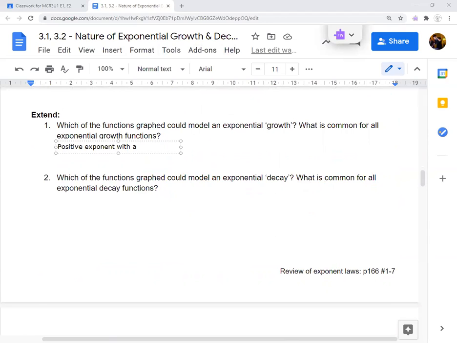A base value larger than 1, right? Because we need to keep multiplying the base value. If the exponent is 1, 2, 3, you have to keep multiplying that number. If you keep multiplying by 0.5, the number gets smaller and smaller. You've got to multiply by a number larger than 1.